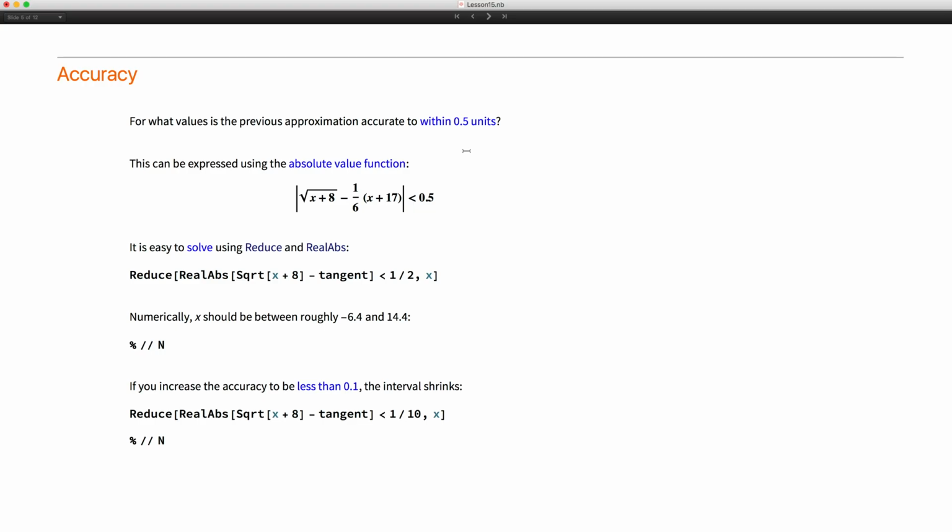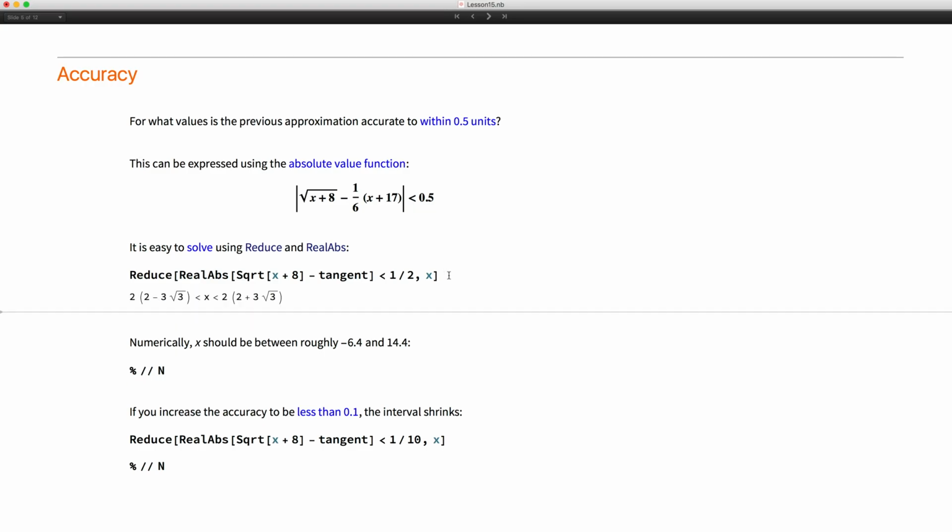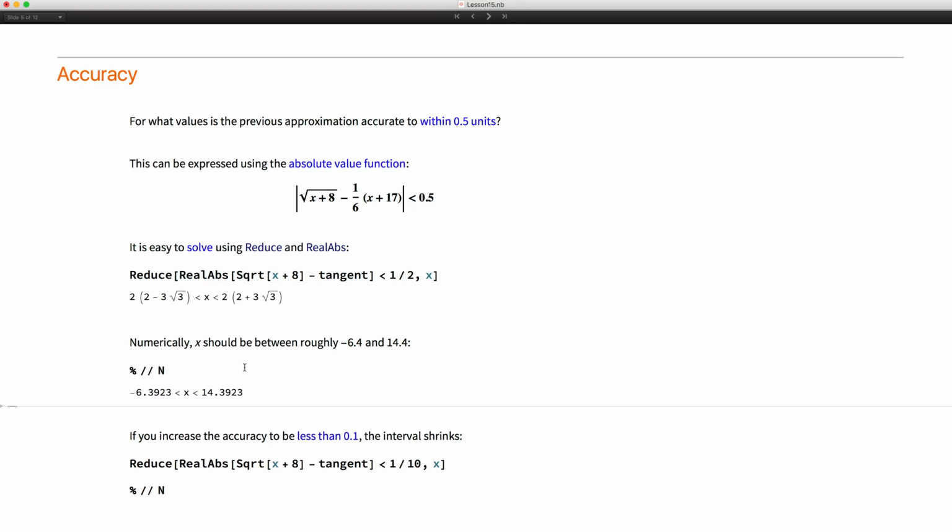Okay, the question now is, how accurate is that approximation? So suppose you want to have an accuracy within 0.5 units. Well, here's the equation. That's the exact expression. That's a tangent, and you want that difference to be less than 0.5. So what you can do is set up an equation with the reduced function and solve, and then numerically the values lie between negative 6.3 and 14.39.